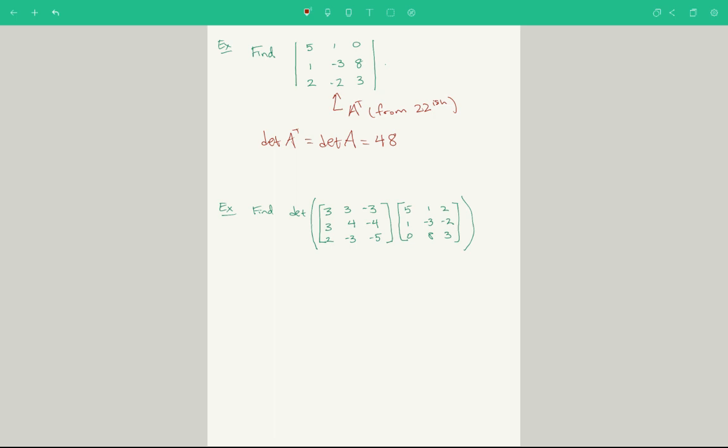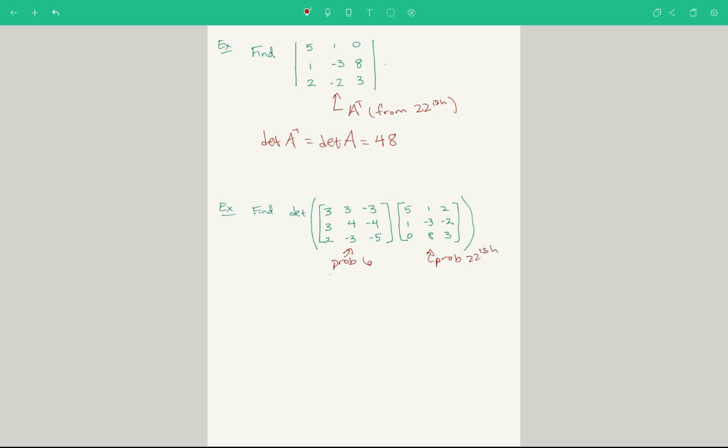Our last example asks us to find the determinant of the product of these matrices, and we could go ahead and multiply those and then find the determinant from scratch, and that's totally fine if you want to do that. Otherwise, you might notice that this is from problem 6, so that was that first example we did, and this was the matrix from problem 22-ish, which was the one we did on the last page.